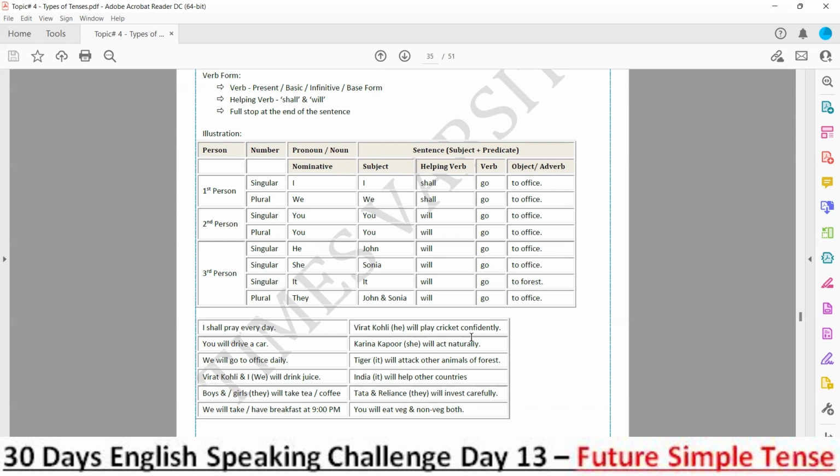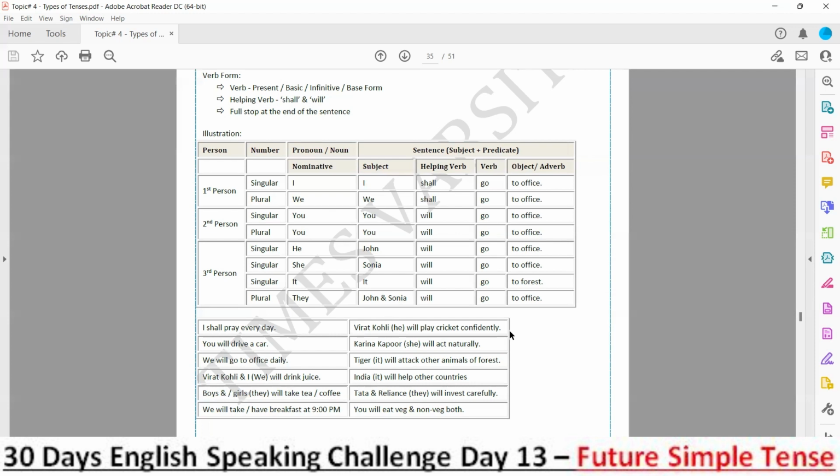if we consider that particular match and discuss Virat Kohli's performance, then we can say Virat Kohli will play cricket confidently. You know why we are saying this? Because in the last match against Pakistan, he scored more than 50.